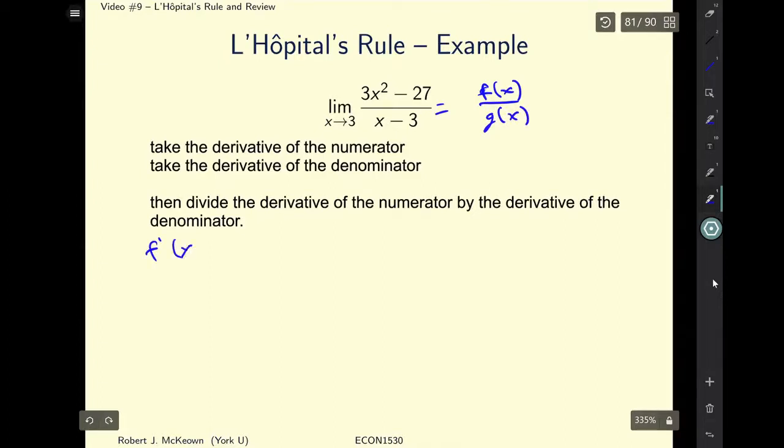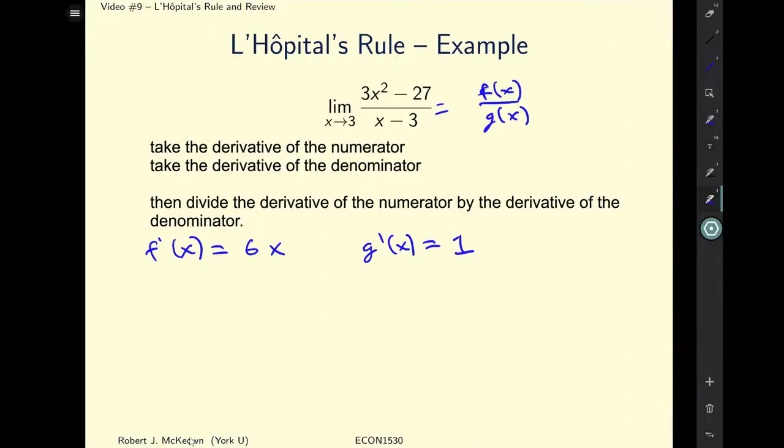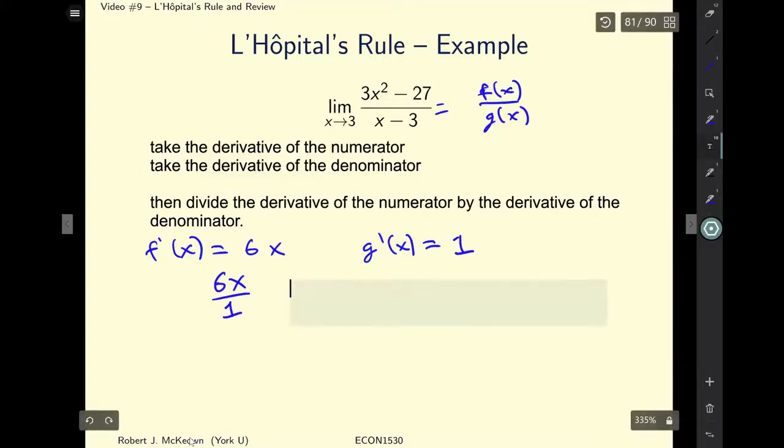So if I'm looking for the derivative of f of x, I'm going to use the power rule. And if I look for the derivative of the denominator, I'm just going to get 1. Now I'll take 6x divided by 1, and finally I'm going to evaluate at the limit.